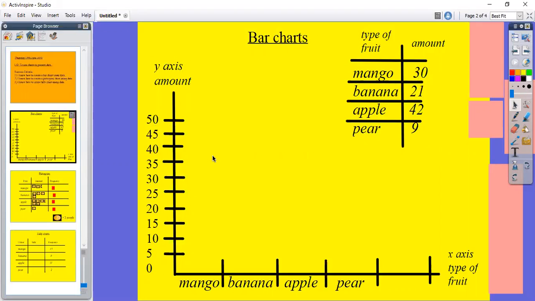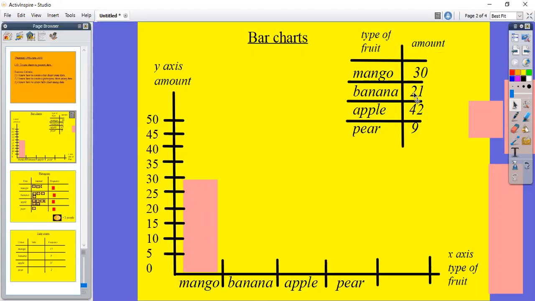So the first thing you need to do once you have created your chart axes is look at the information. Mango, I can see that mango was picked by 30 people. So when I create my bar chart, I need to make sure my bar reaches 30. As you can see, my bar stays in the mango column and it goes all the way up to 30. Next I have banana.